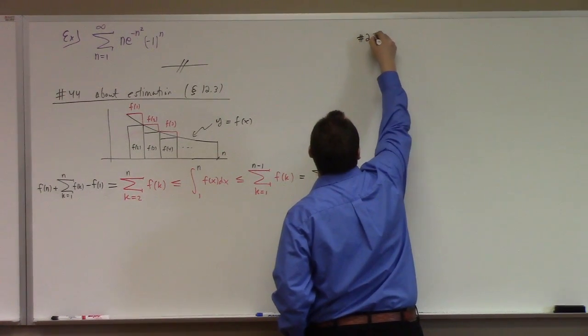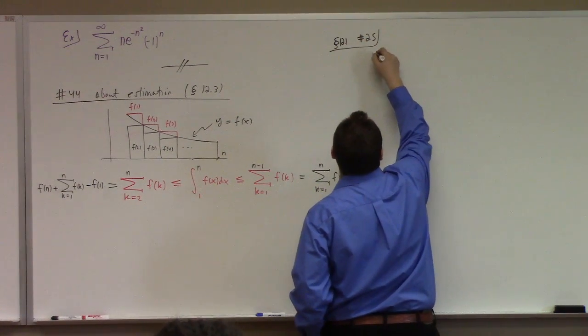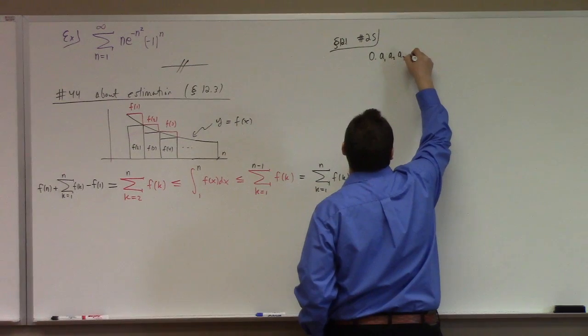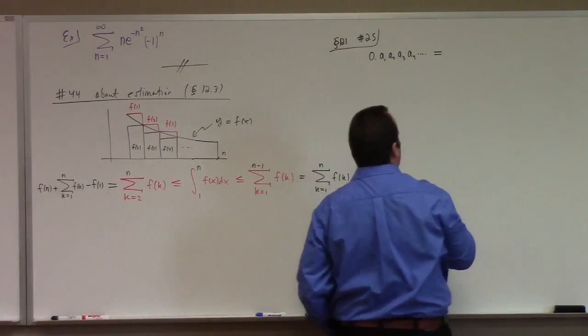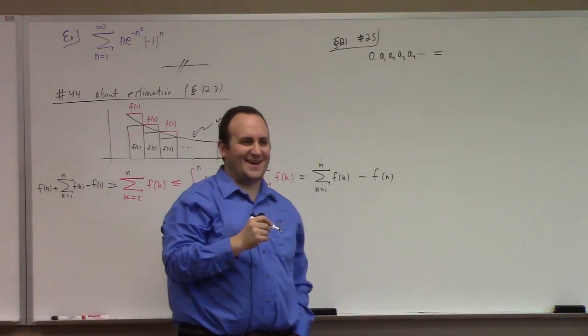Number 25 in section 12.1. Here we have 0.A1, A2, A3, A4. So what is that?